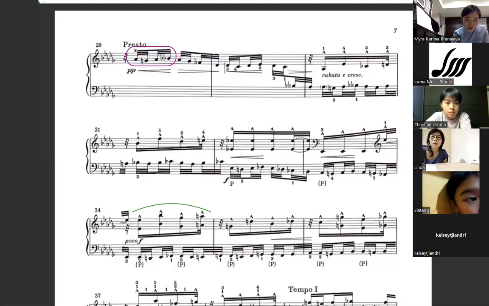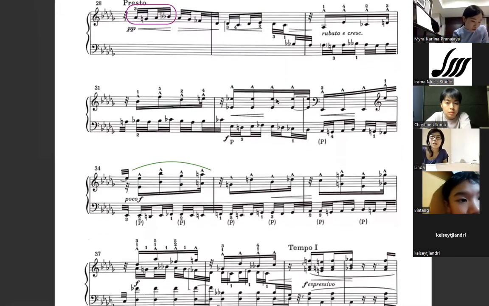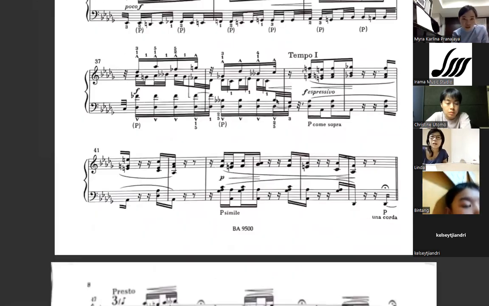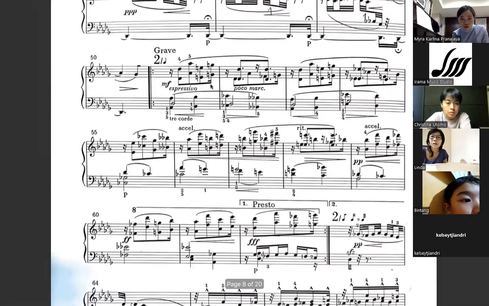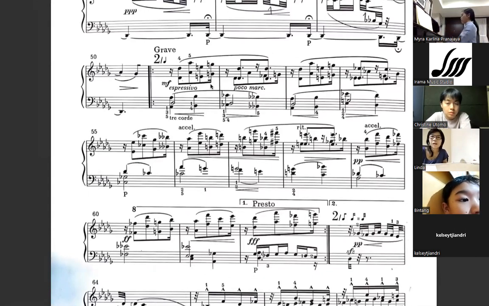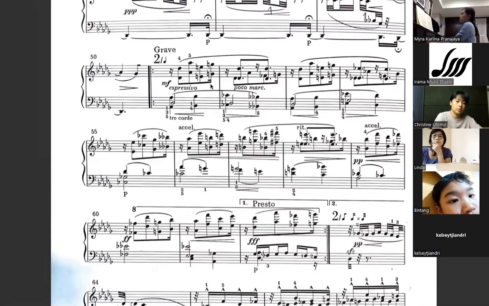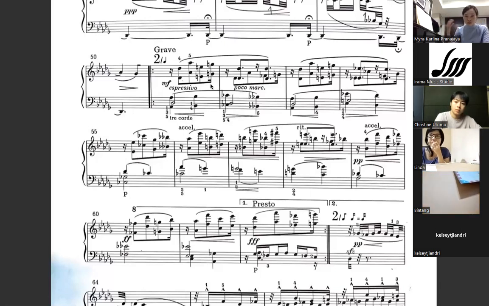And this motif becomes something heavy. One can say that it's imitating the sound of bells or the sound of gongs.